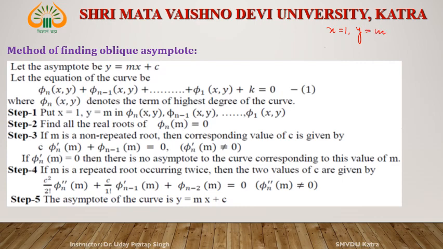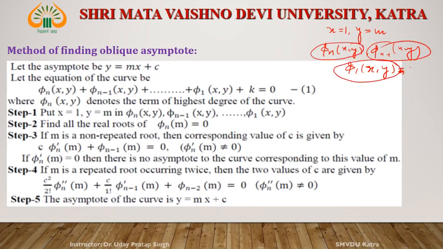In phi n, phi n minus 1, up to phi 1, everywhere x equal to 1 and y equal to m. This is step number 1.